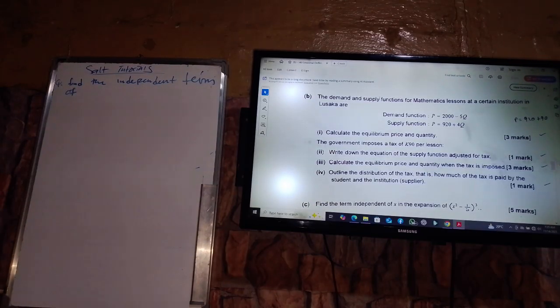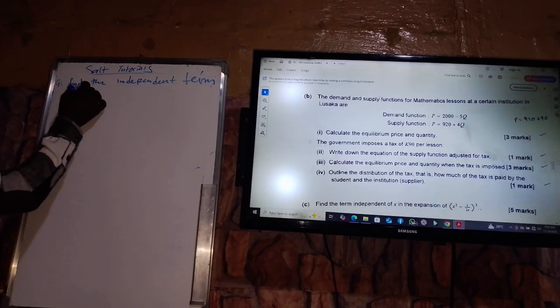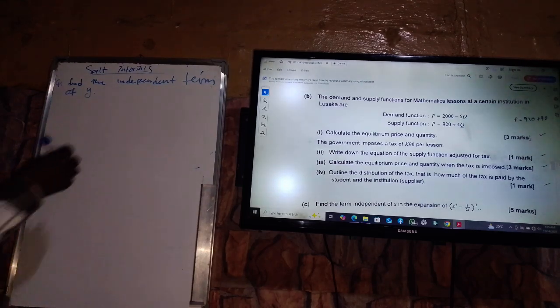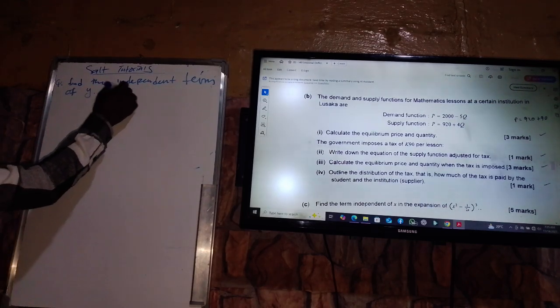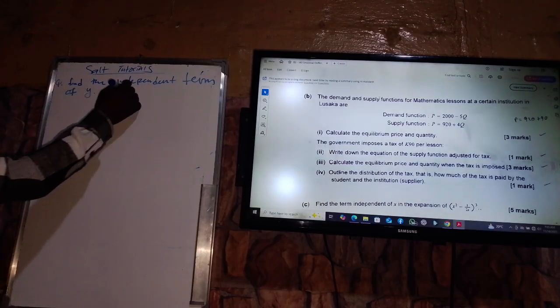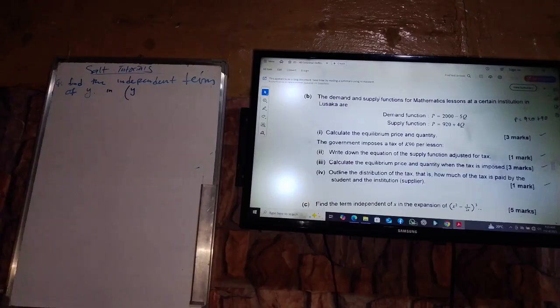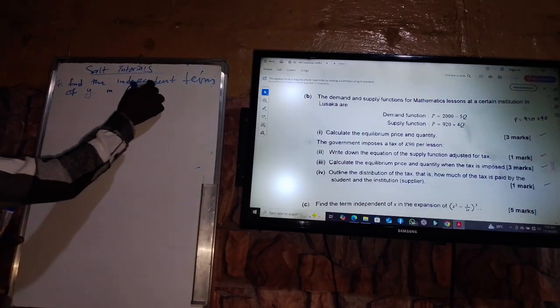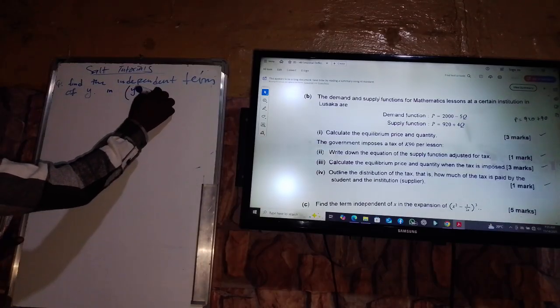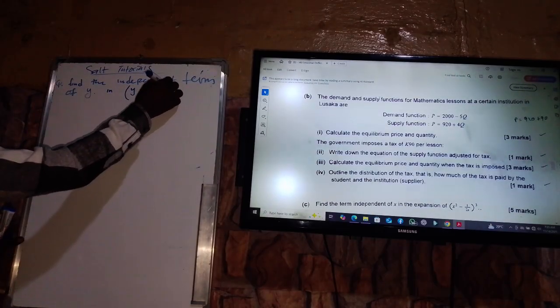So instead of finding the independent term of x, we are finding the independent term of y in the expansion of y minus x over y squared, closed, power 9.